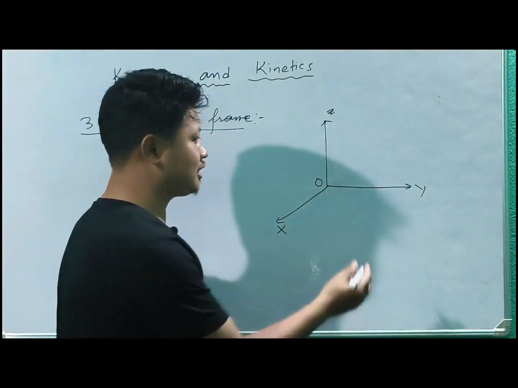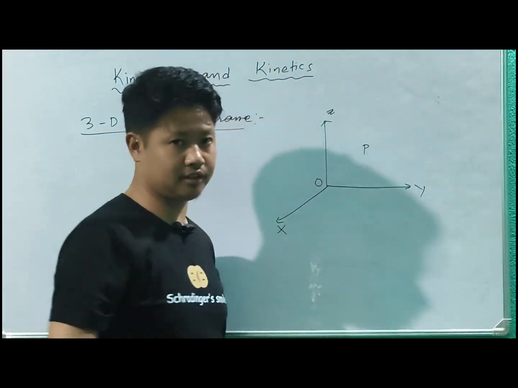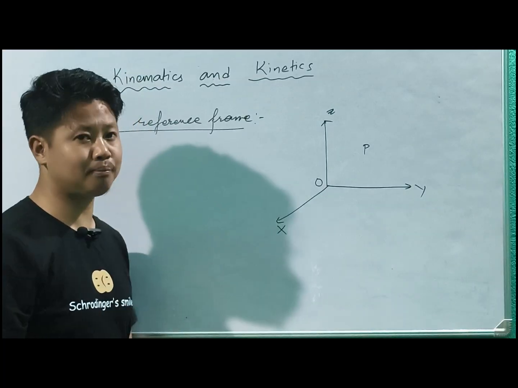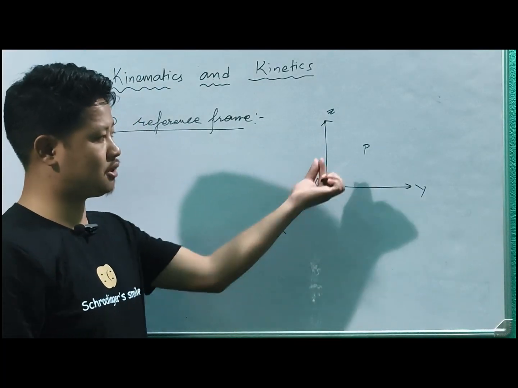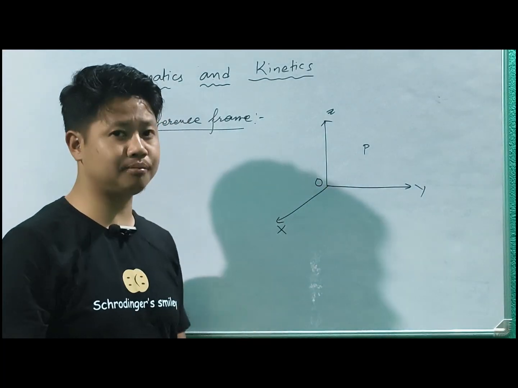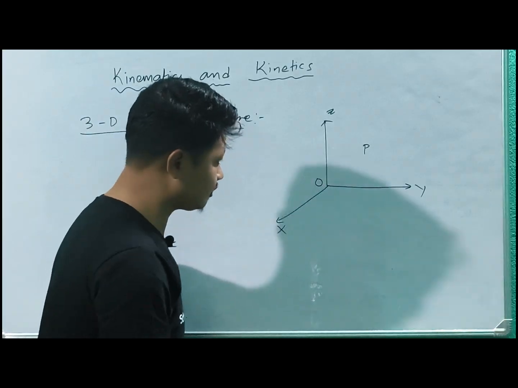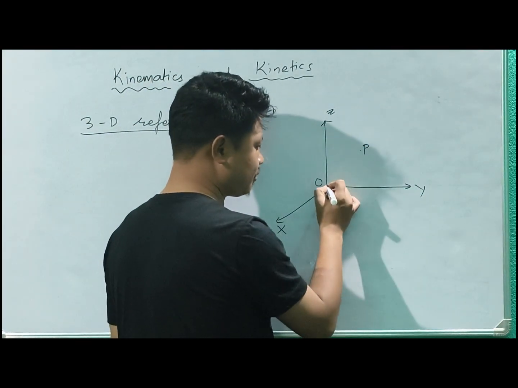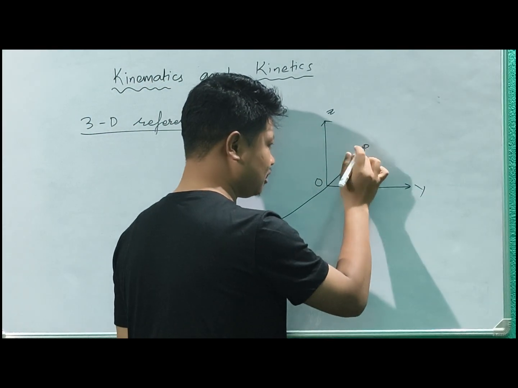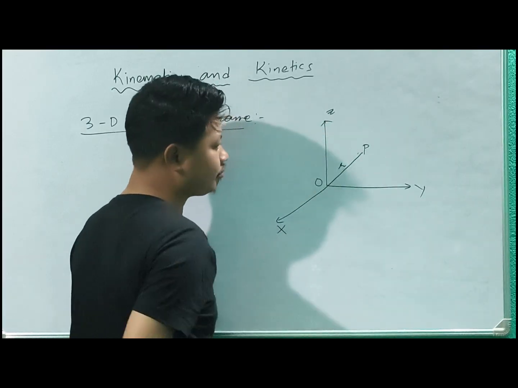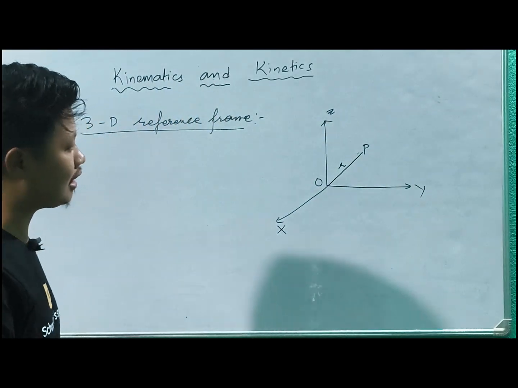Let us say my P is here. What is P? P is any particle or point in this space right now. That means it has some distance from all the axes, and let us say from the origin it has a distance of r.